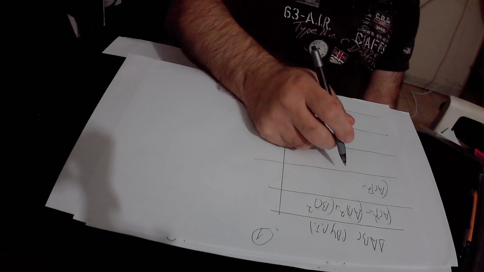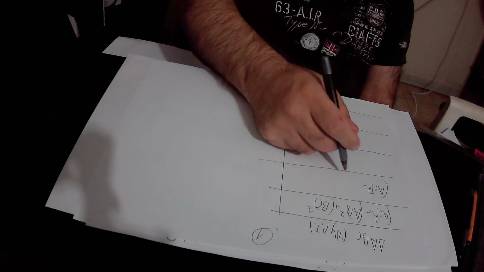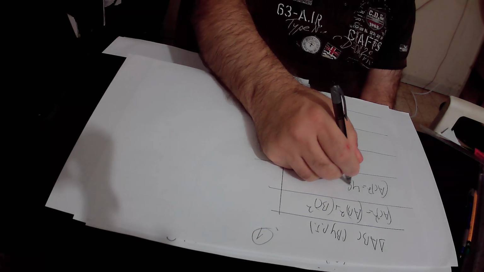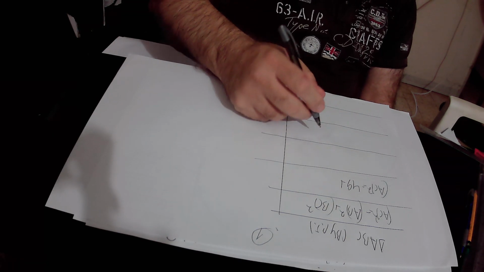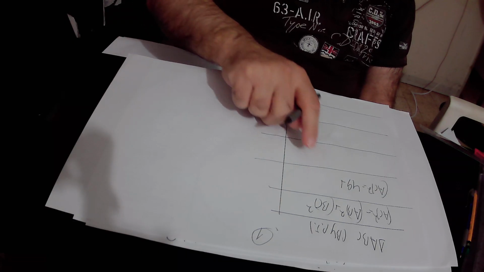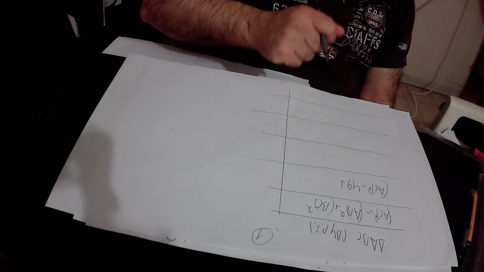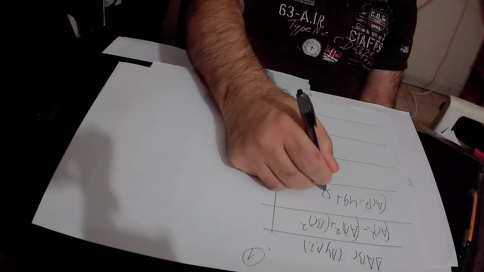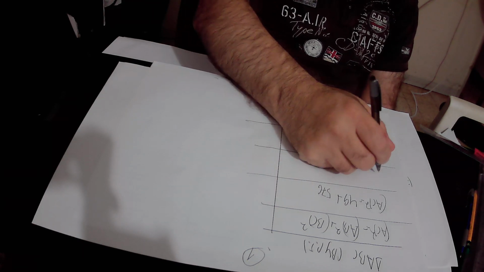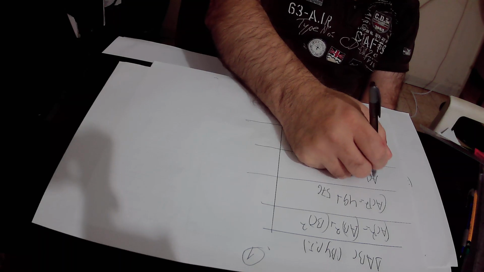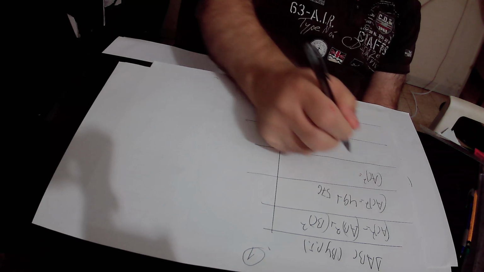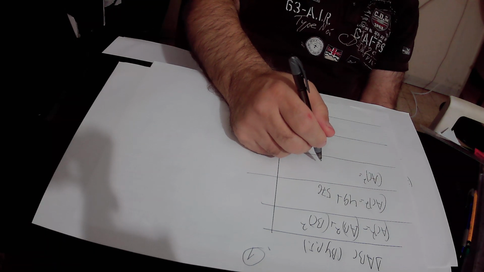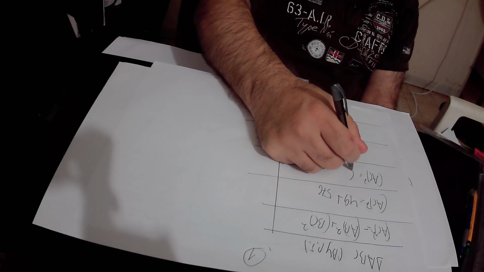equals AB squared. AB is 7, therefore AB squared is 7 squared, that is 49, plus BC squared. BC is 24, therefore BC squared is 24 squared, that is 576. So AC squared in total is equal to 49 plus 576, which is 625.